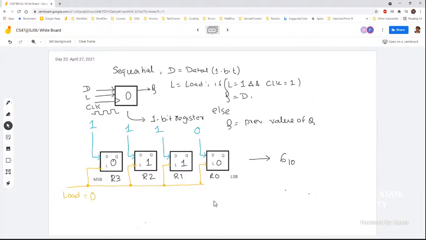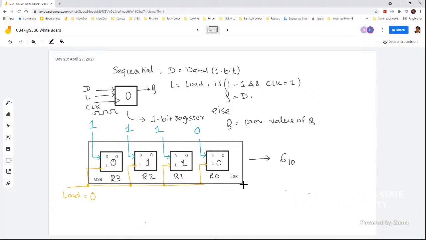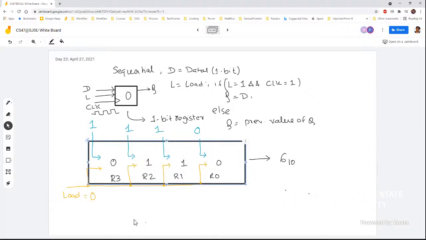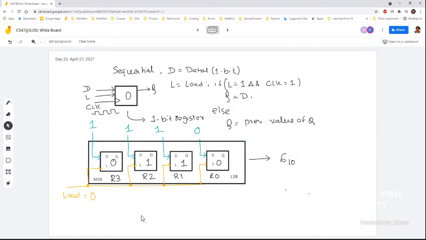Now, imagine this whole thing together, we just call it a register. Together it's a 4-bit register.